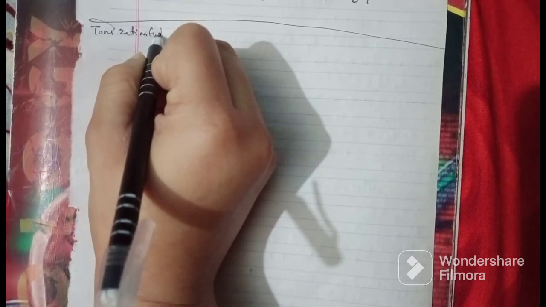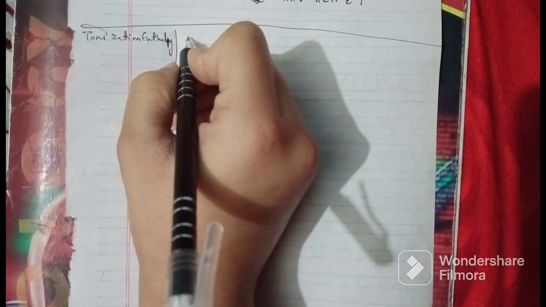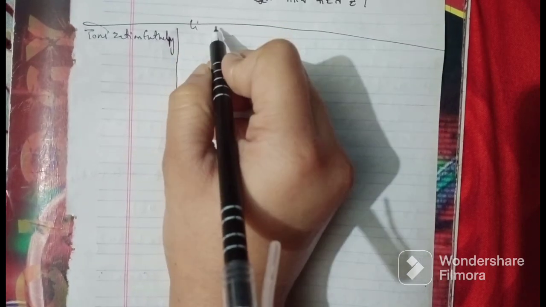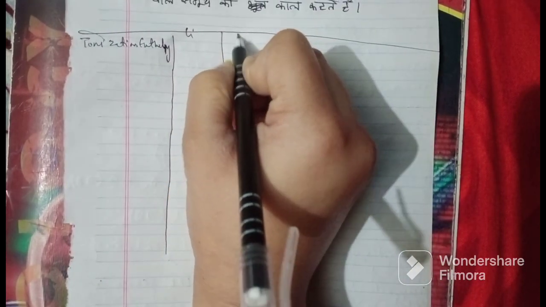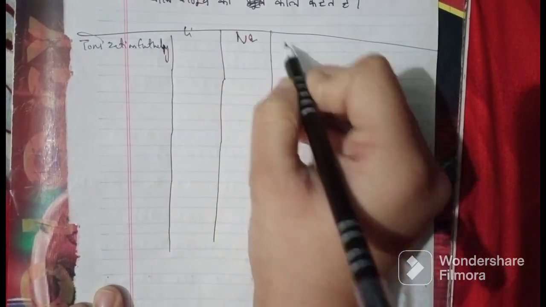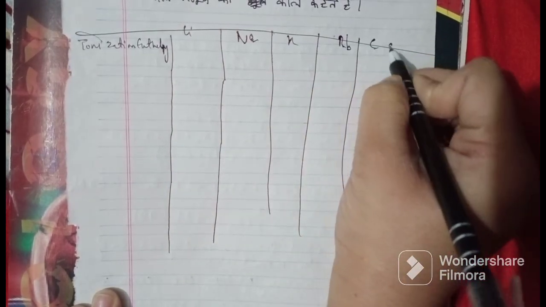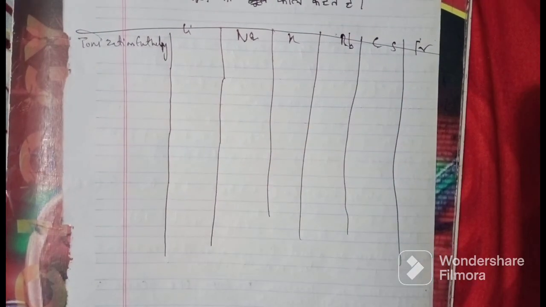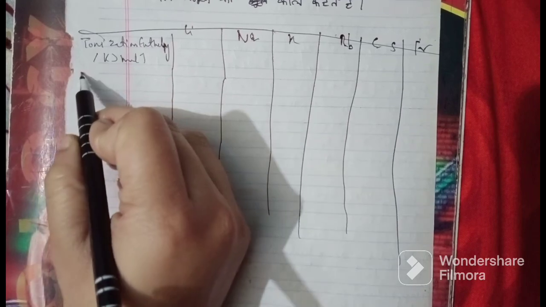We discuss the ionization enthalpy for lithium, sodium, potassium, rubidium, cesium, and francium, which is in kilojoule per mole.